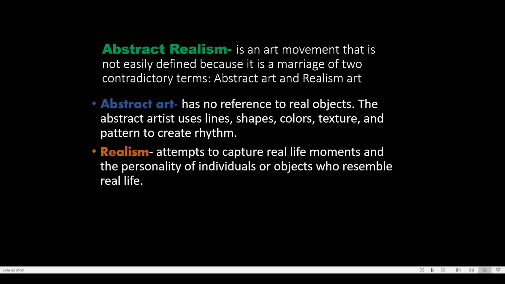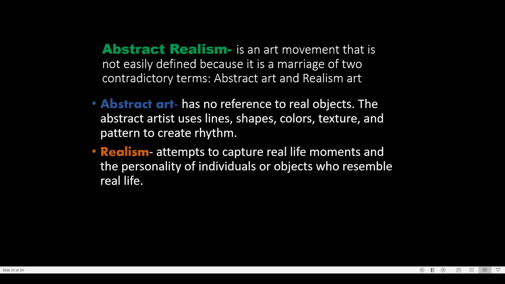So, second one is abstract realism. Abstract realism is an art movement that is not easily defined because it is a marriage of two contradictory terms, the abstract art and the realism art.